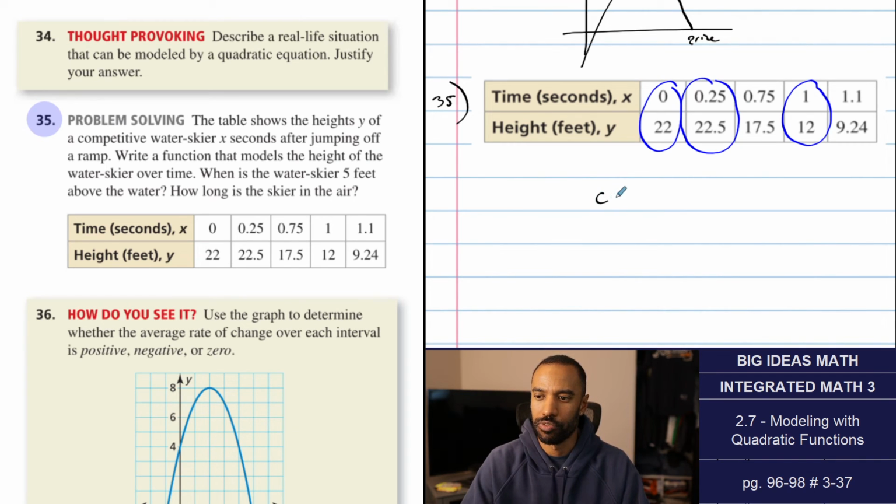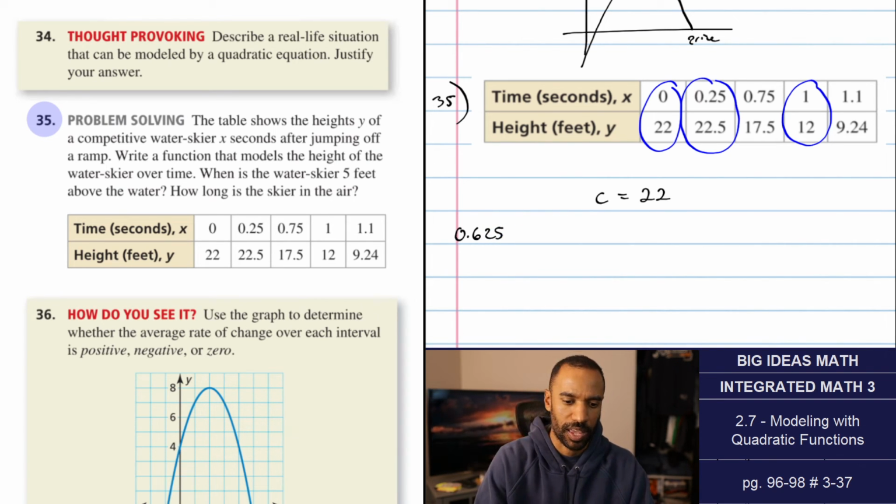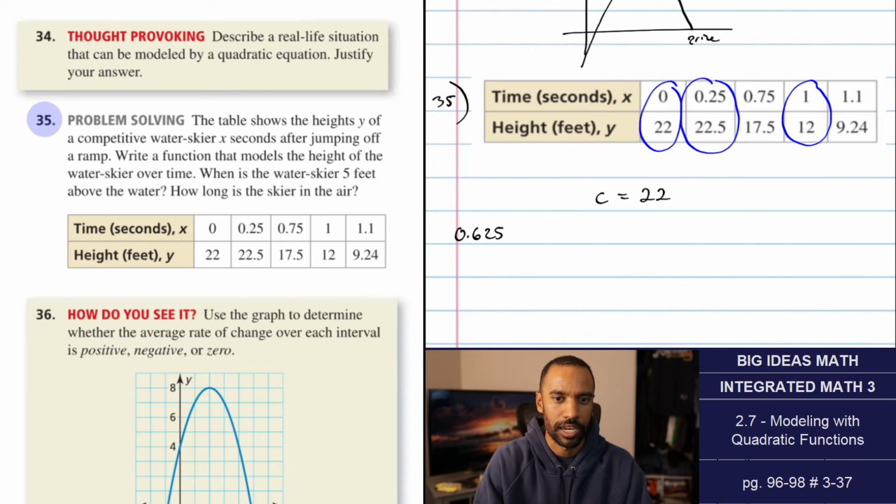First one will give us a C value of 22, because when x is 0, the others wipe out. Now 0.25. 0.25 squared is 0.625, I think. I got to check that. I got to see if the decimal's right. 0.25 squared. Oh, 0.0625.